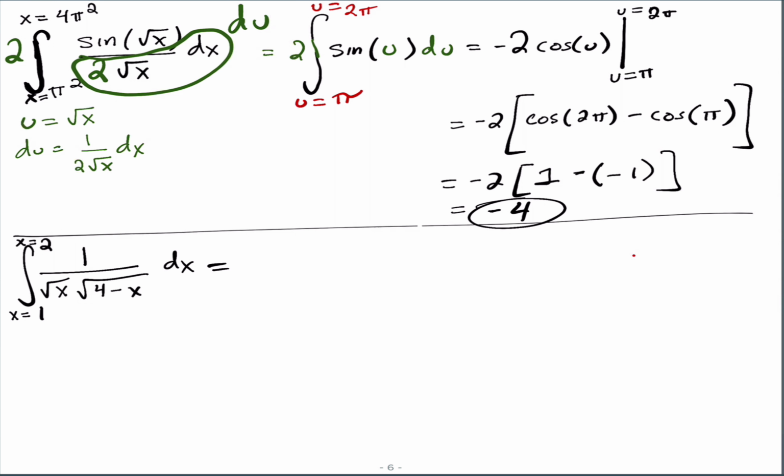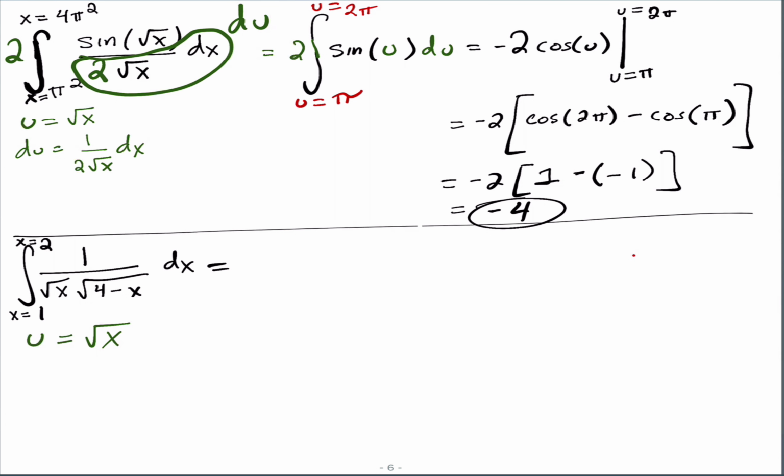There's no quotient rule or product rule or any weird stuff like that. So one thing that often works, if you have the square root of x, is to just let u be square root of x, and then go through the steps and hope that it emerges as a better integral to evaluate at the end. So let's try that.